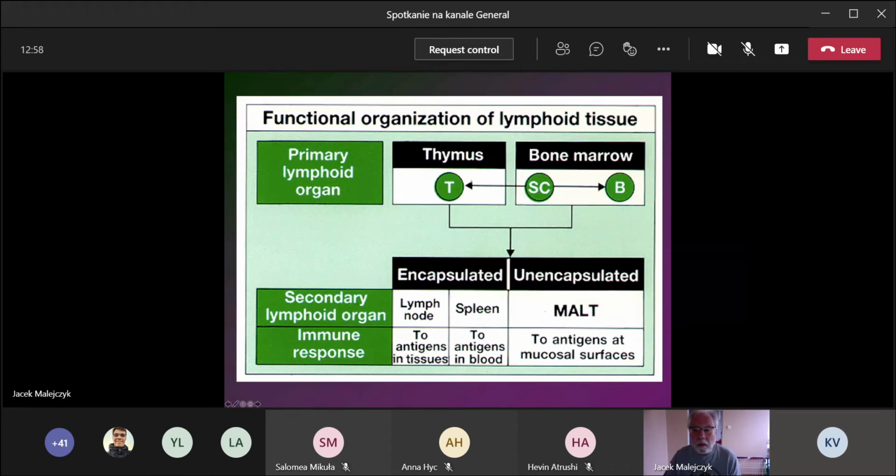This group of organs includes lymph nodes and spleen. What is important is that they are separated from the rest of the tissues, the rest of the organs, by the capsule. So they indeed form an environment which is very specific.